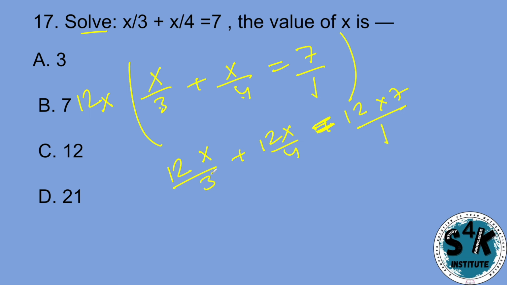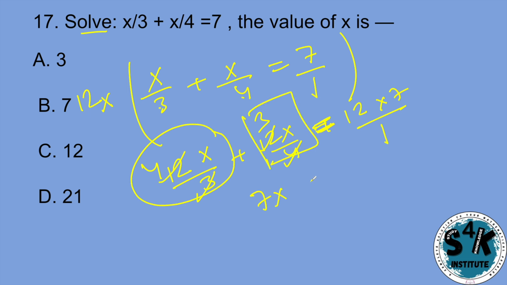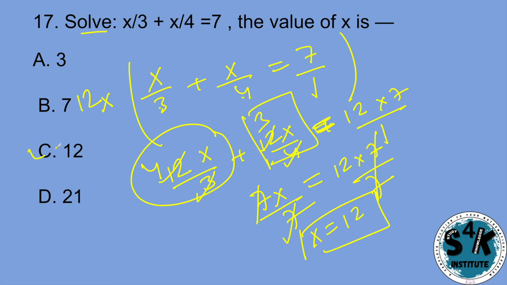Now you can divide, so 4x plus 3x becomes 7x is equal to 12 into 7. So on both sides we can divide by 7. These 7s will get cancelled, and the x value will be 12. So your answer is C.